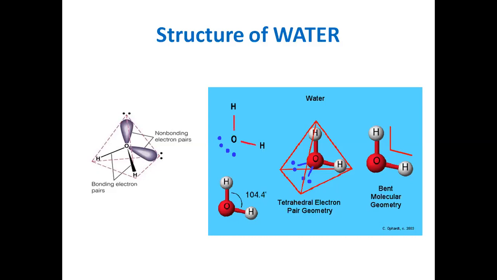If we consider the entire structure, two hydrogen atoms and two lone pairs of electrons make a dumbbell-shaped orbital, and that gives a tetrahedral electron pair geometry, which gives a tetrahedral structure to water.